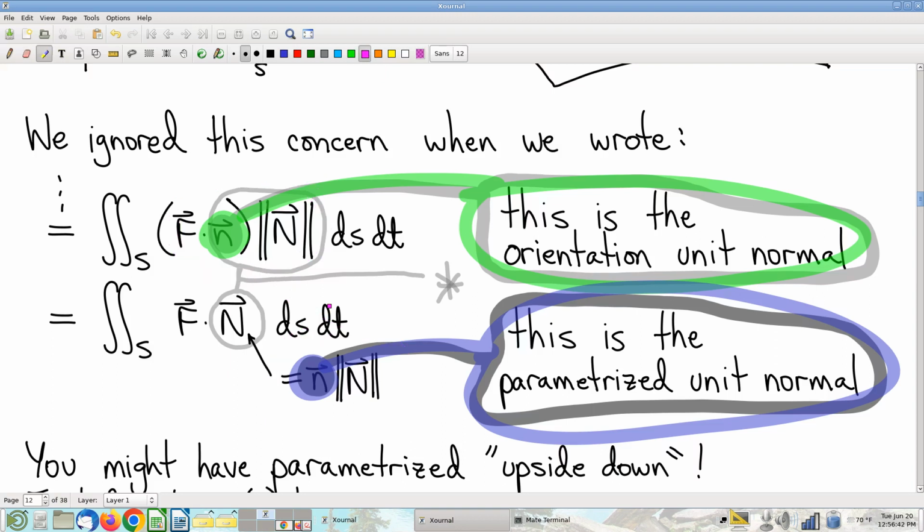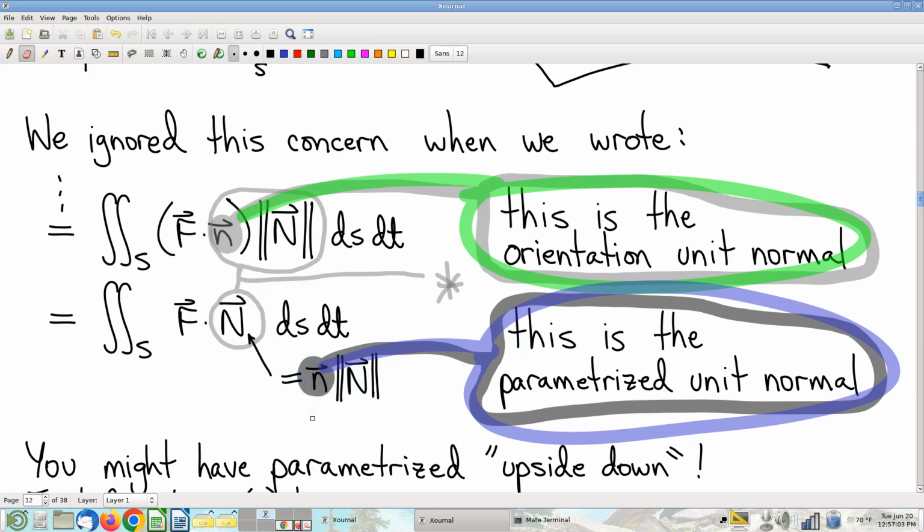I didn't write it as such, but effectively I was claiming that these are the same, and you can see they're not. They're unrelated, and coin flip, 50-50, they're different.